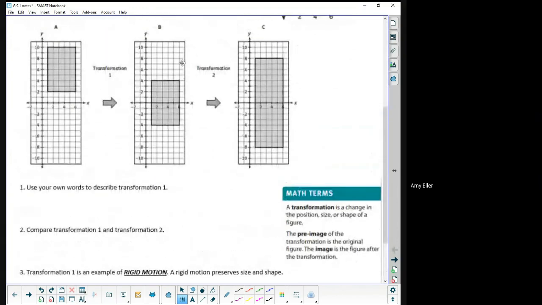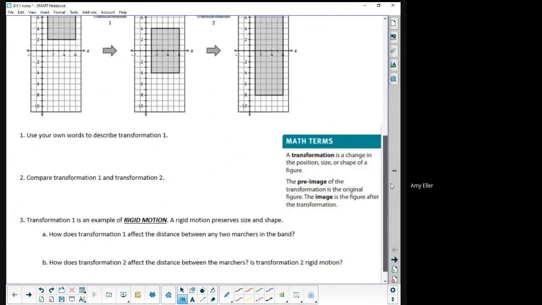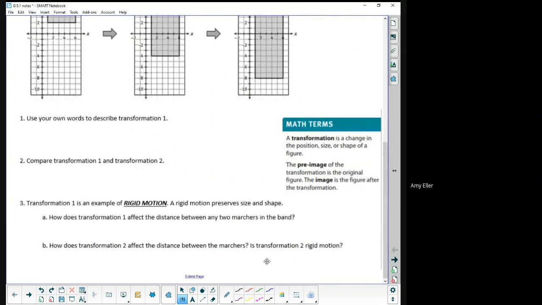Sorry, go back. I forgot real quick at number 3. There's a pretty important vocab word here. Number 3, transformation 1 is an example of rigid motion. The next sentence tells you what that means. A rigid motion preserves size and shape. Do we know what preserves means?